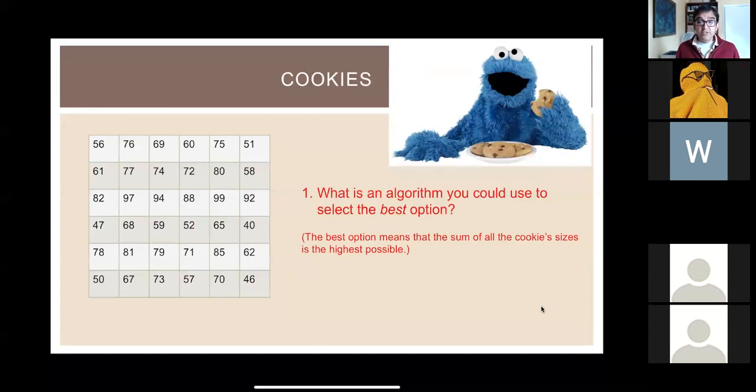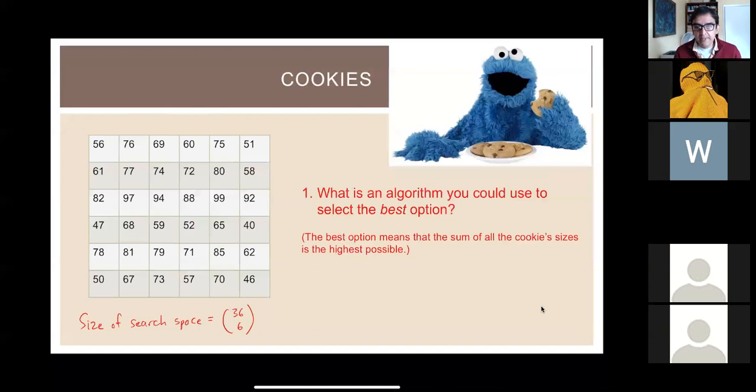So there are 36 choices for one cookie. So the size of the search space is 36 choose 6. There are 36 cookies and you can choose any 6 of them. So this is how many possibilities there are. There are lots of them.